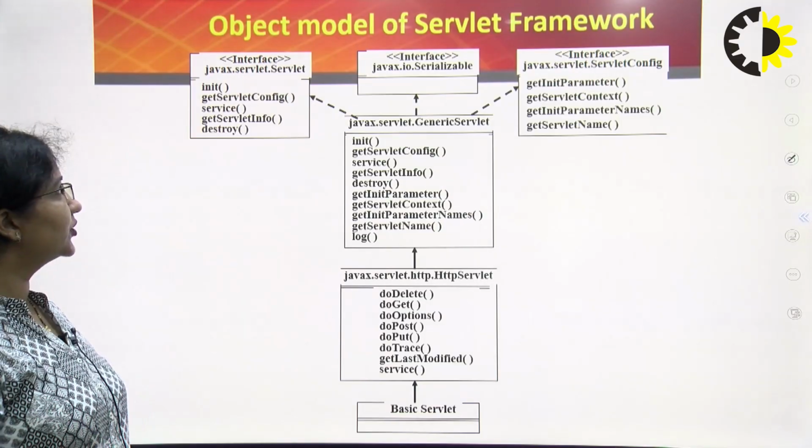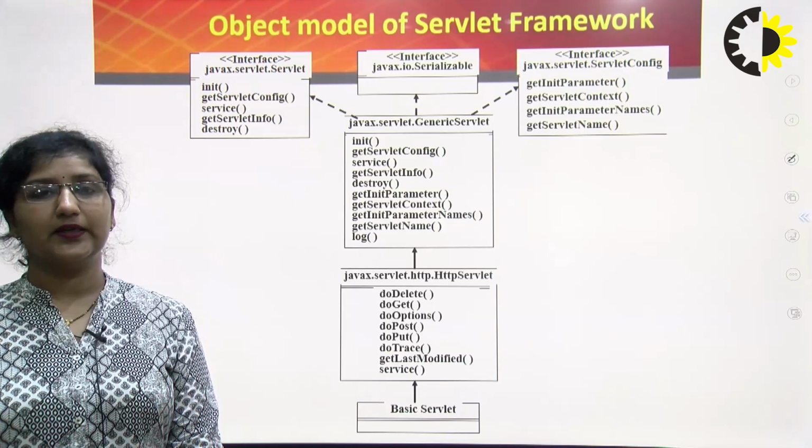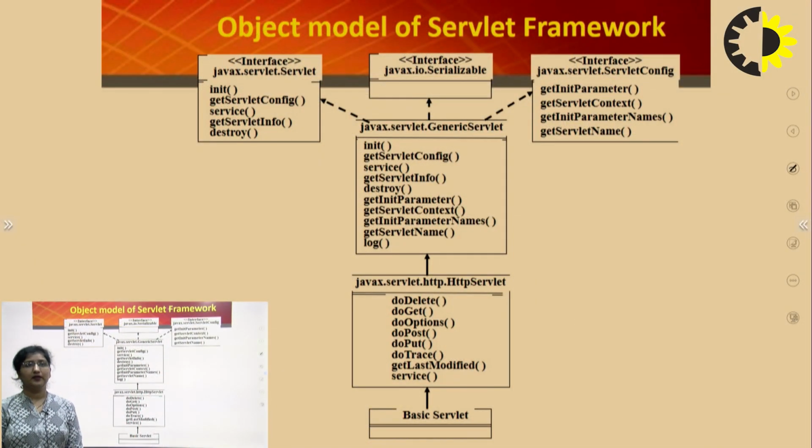This is the complete architecture. Interface javax.servlet.Servlet: the functions included are init, getServletConfig, service, getServletInfo, destroy. Interface java.io.Serializable. Interface javax.servlet.ServletConfig: getInitParameter, getServletContext, getInitParameterNames and getServletName. Similarly, we have javax.servlet.GenericServlet.